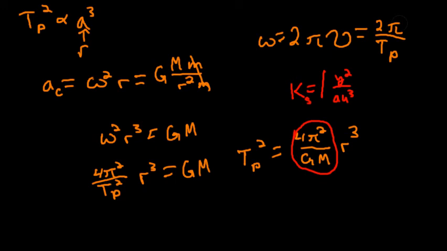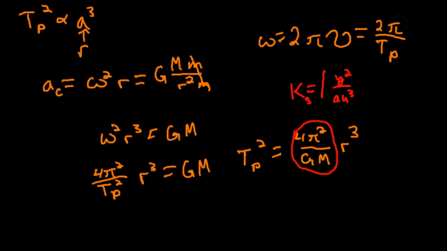So we get T_P squared equals 4 pi squared over GM times r cubed.